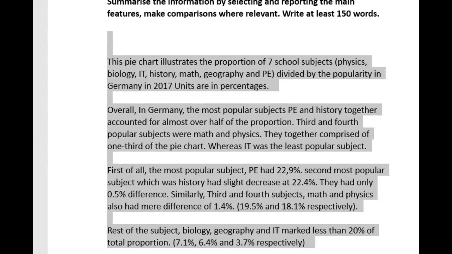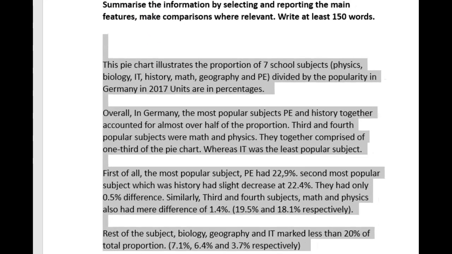You may or may not know that you are no longer penalized for having below 150 words. Okay, that used to be the case. They don't do that anymore, essentially because it's a double penalty. Because if you're writing under 150 words, then it's pretty clear you're not going to do well in task achievement.